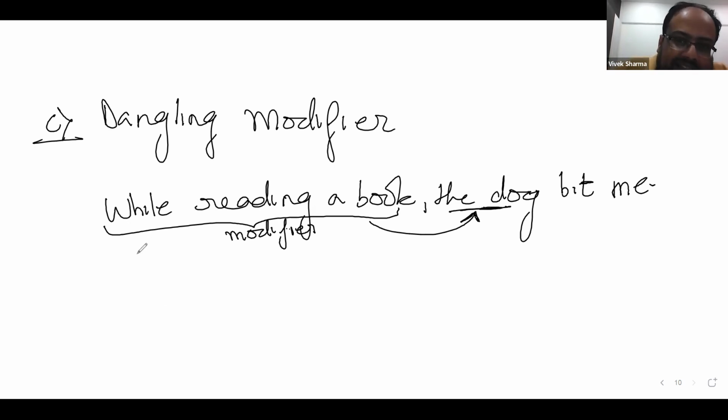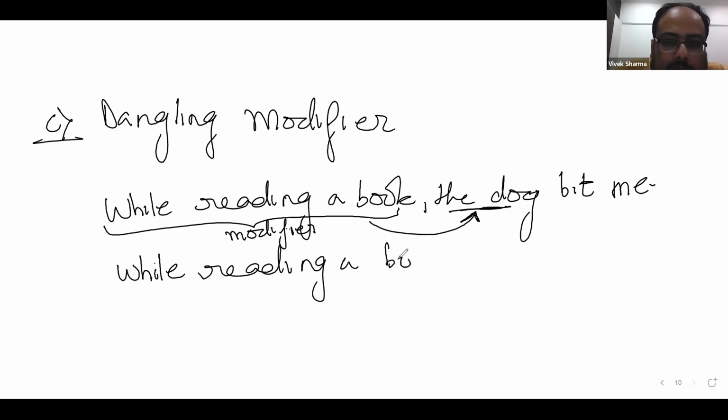If I have to correct the sentence, I can correct the sentence in two ways. I can say, while reading a book, I was bitten by the dog.